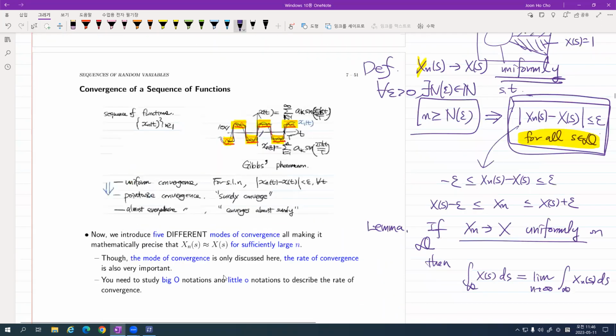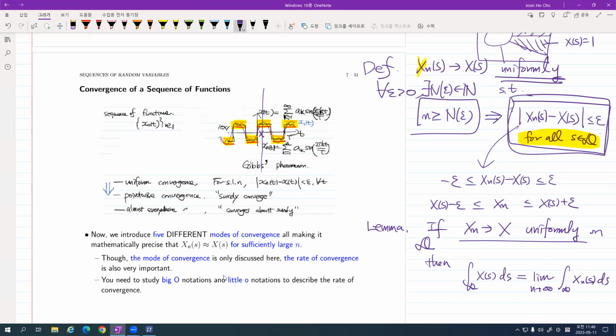So you choose some point first, and then if you increase the order of terms, you just have a sequence of real numbers at each s. And at each s, that sequence converges.